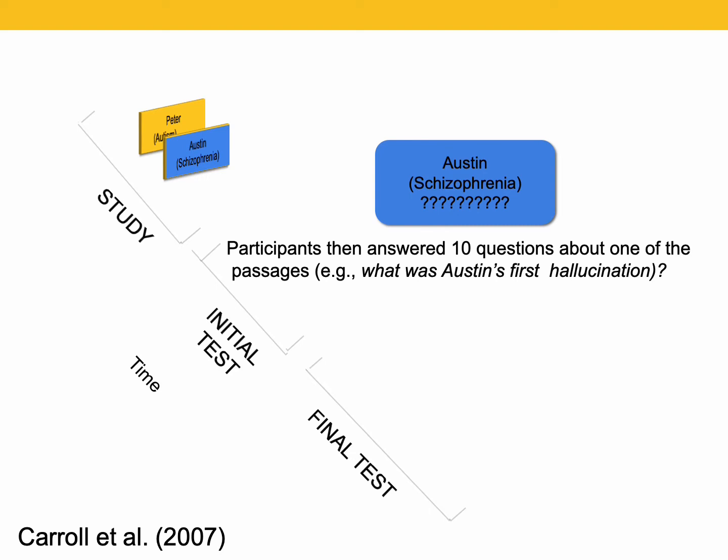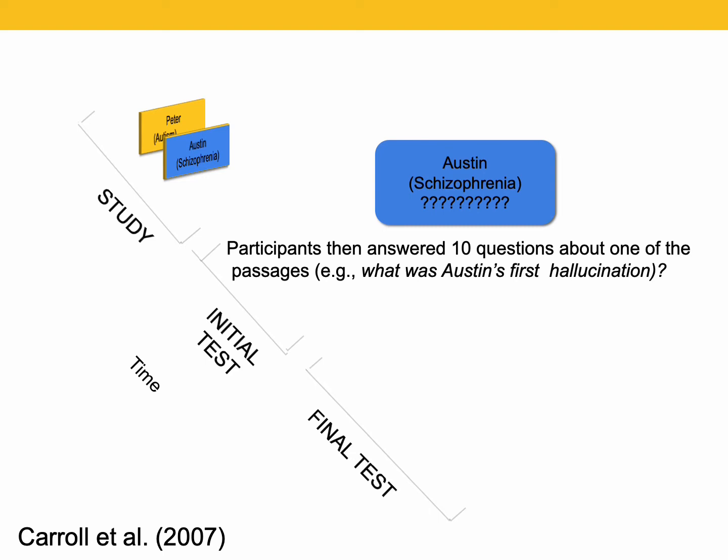So the researchers, Carroll and colleagues, okay, took one of the passages. So they took the passage about Austin with schizophrenia, and they had the participants answer 10 questions. Okay, for example, a question might be, what was Austin's first hallucination?